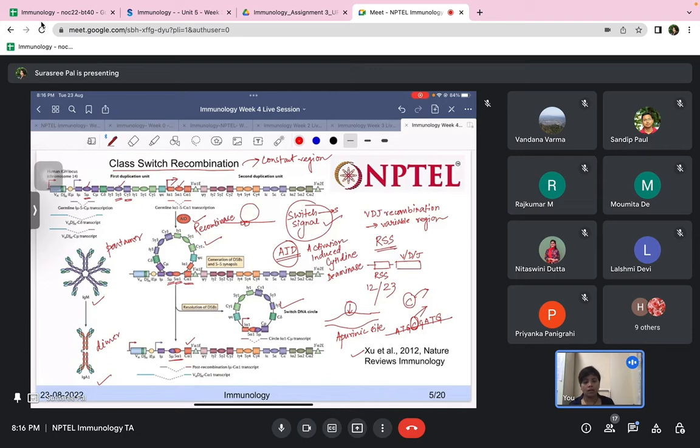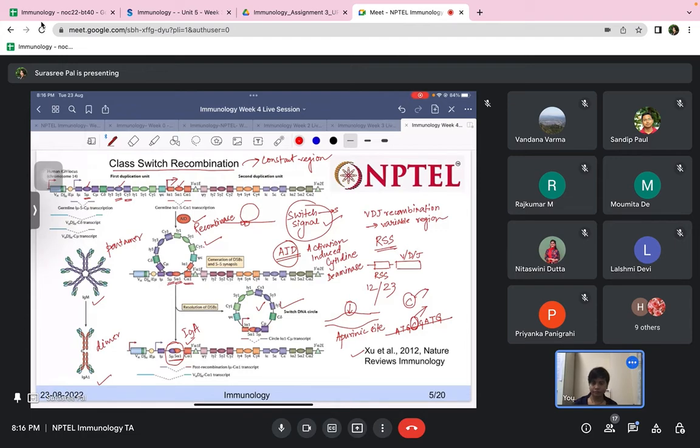By the recombination process, the intervening DNA sequence is looped out and excised, as you can see here, and the particular constant region will be expressed. Here you can see that there is a recombination between S mu and S alpha 1, and because of that the IgA constant region will be produced. So IgA antibodies will be produced, and this way the other antibodies like IgG are also produced.